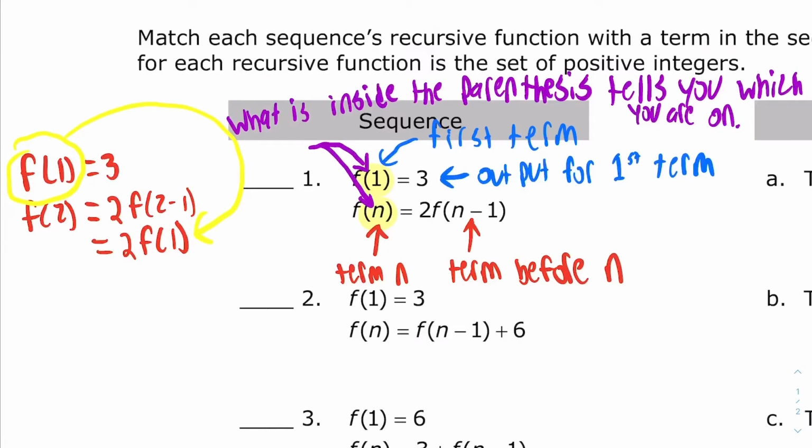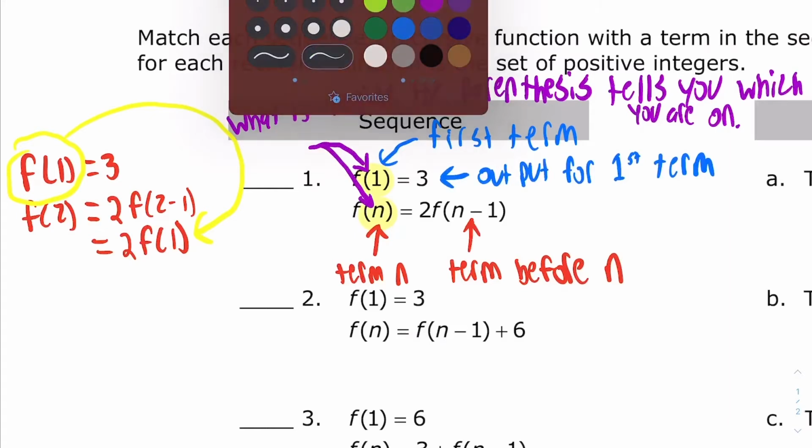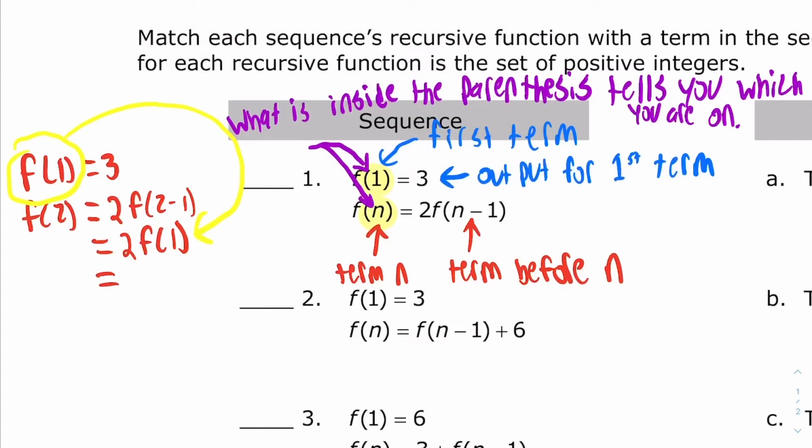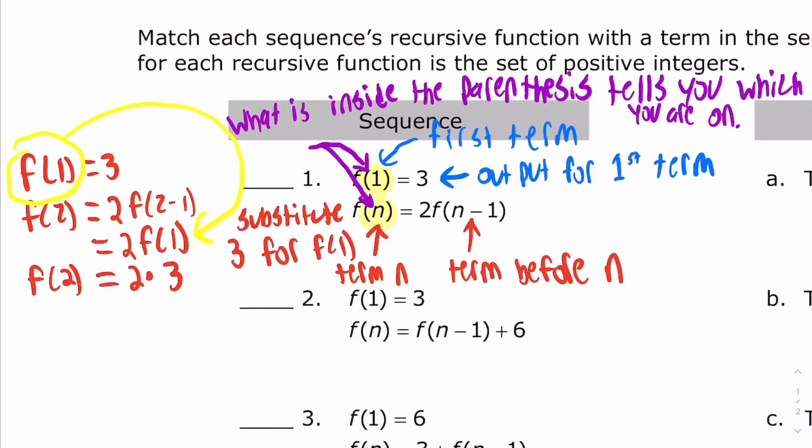We're going to plug in the answer we got for f1. The answer was 3. So f2 is equal to 2 times 3. We used substitution. We knew the answer for f1, so we are going to replace f1 with 3. Now all we have to do is do 2 times 3 to get 6.